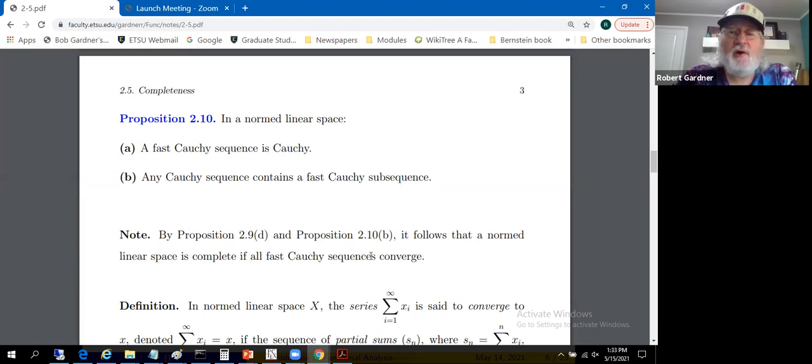So if we showed that fast Cauchy subsequences converge, we would be then establishing that any Cauchy sequence has a convergent subsequence. That convergent subsequence happens to be fast Cauchy by Proposition 2.10 part B. We would be establishing that a Cauchy sequence has a convergent subsequence if we can establish this thing in blue.